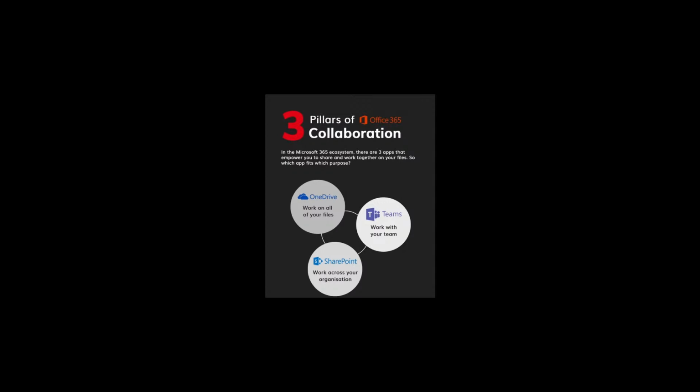Number 7, collaboration. Work alongside your colleagues, your classmates, simultaneously on documents, generally in SharePoint, not so much OneDrive. SharePoint is where your coworker is working on an accounting spreadsheet. You also are working on the same accounting spreadsheet, and in real time, you can see where they're at editing it.